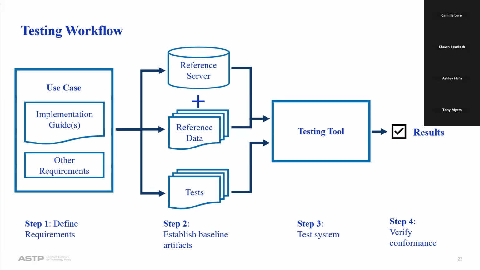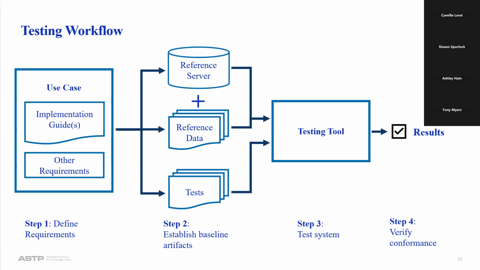So on the left-hand side of the slide, at step one, is where we start with the requirements. And these requirements overall are established by the intended use case, and in a technical sense, usually come from FHIR implementation guides, or IGs for short. And FHIR IGs can contain the specifications that a system needs to conform to at a technical level.